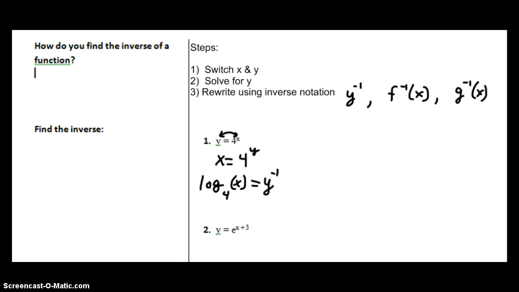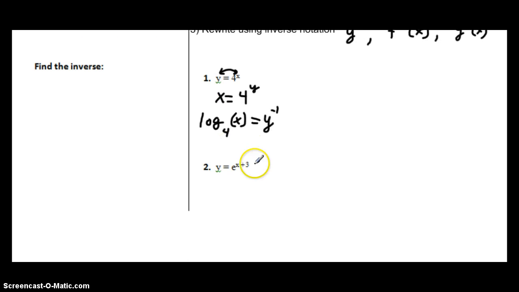Alright, for number 2, again, our first step is to switch x and y. So the only thing that moves again is the x and y. The e is going to stay there, that +3 is going to stay there. So when I switch x and y, it'll be x equals e to the y plus 3. Alright, again, the only way to get to a variable in the exponent is to switch to log.